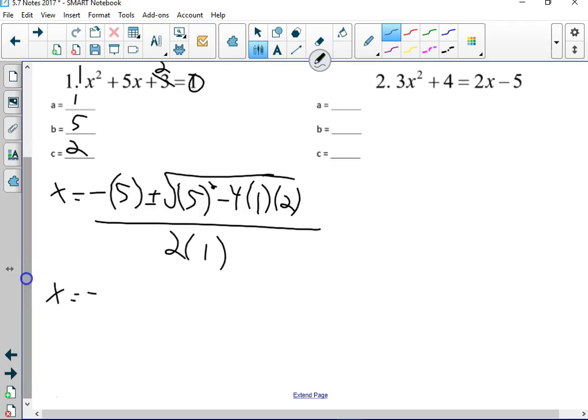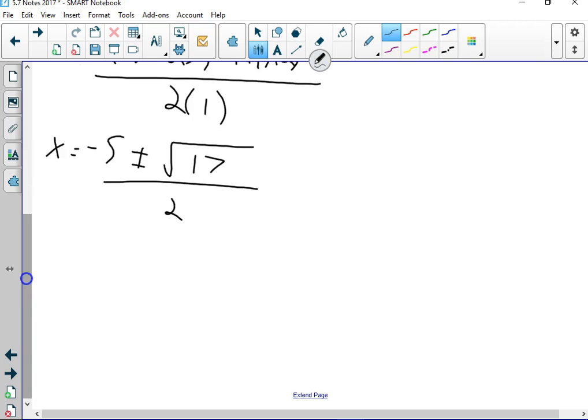So, x equals the opposite of b plus or minus 5 squared is 25. 4 times 1 times 2 is 8. 25 minus 8 is 17. All over 2. And now you do what we did at the beginning.